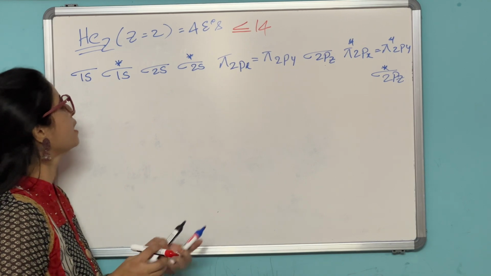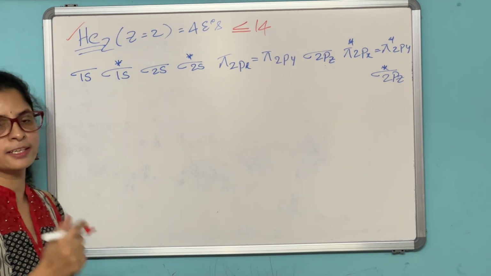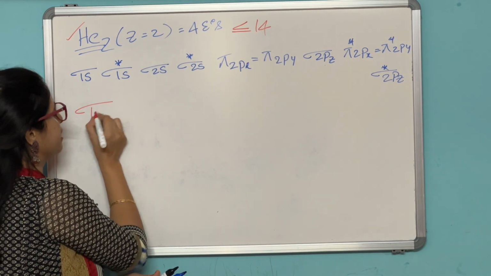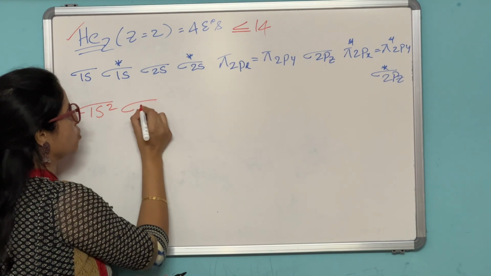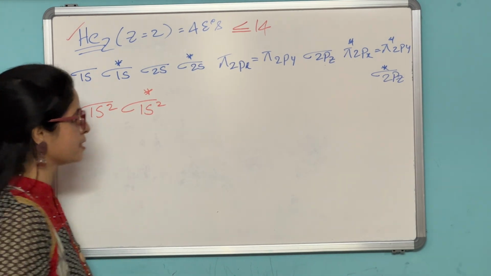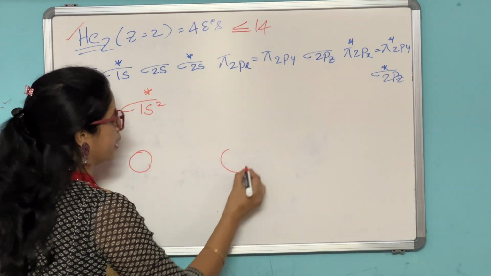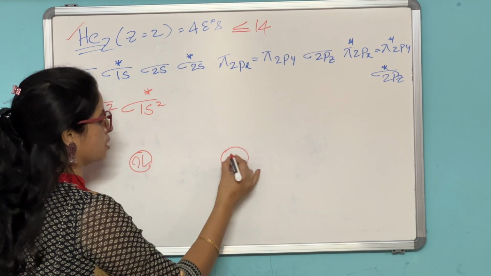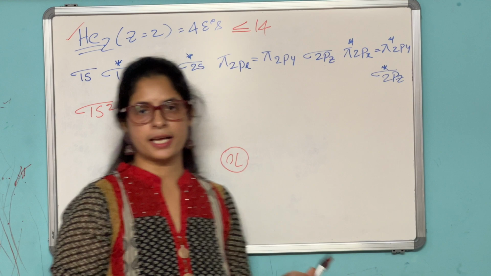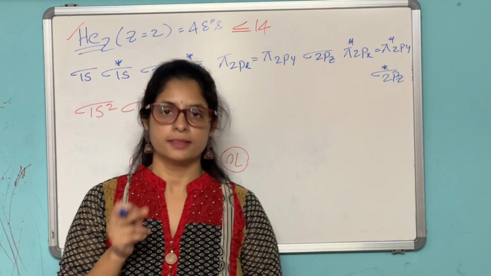Now write down the electronic configuration for He2 and the energy level diagram. Four electrons means the configuration is sigma 1s2, sigma star 1s2. In the energy level diagram, two helium atoms each contribute atomic orbitals. How the atomic orbitals are combined is very important.